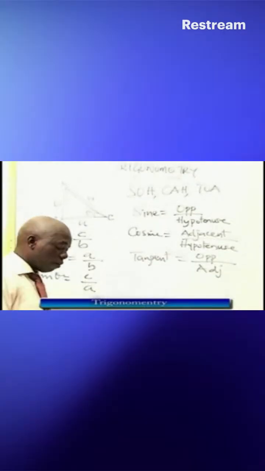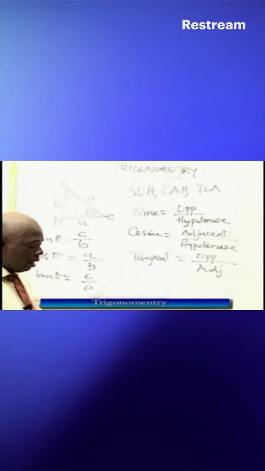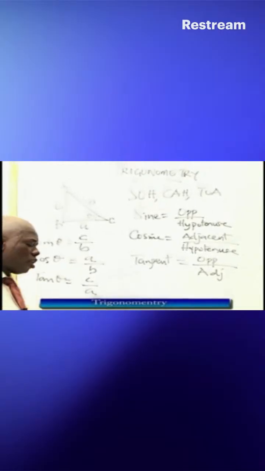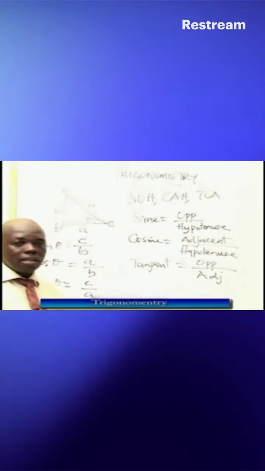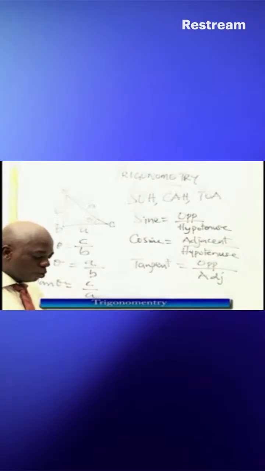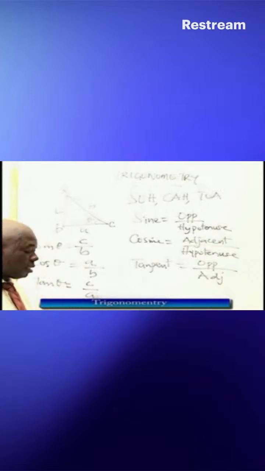Now let's go into the application of some of these things. I would have loved to tell you how these trigonometry ratios were generated, but again, that is further maths. For those of us who are studying further maths, you should expect volume 2. We're going to do the further maths also, so that you can teach yourself at home, and I can explain some of these topics to you, but for now we are dealing with general mathematics.